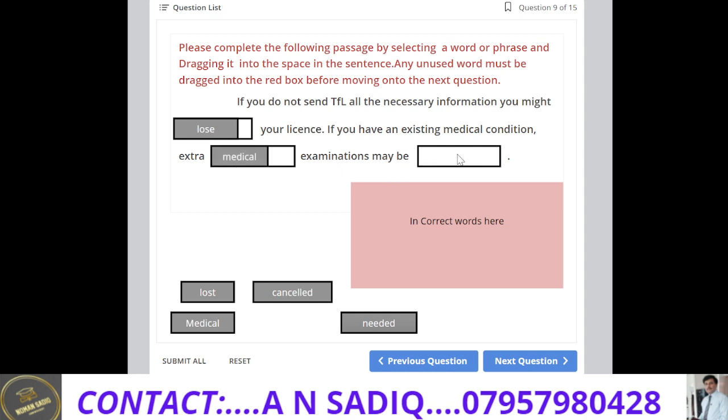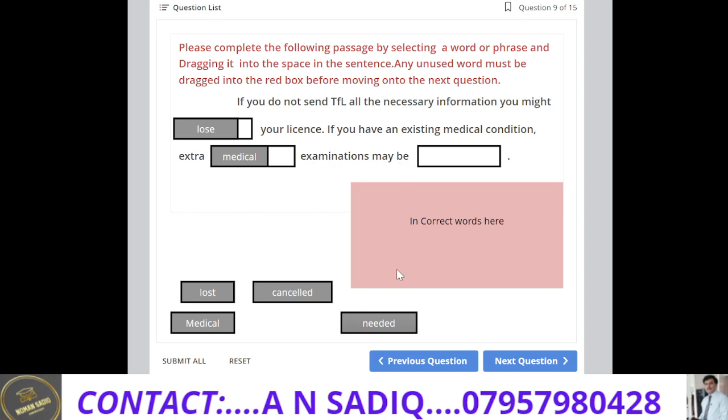Examinations may be... Now here there should be the third form, because if there is "may be", after that there should be the third form. So "may be cancelled" — it should not be cancelled, because he's not talking about cancellation. So it's not about the loss, it's not about the medical. We have already ruled this out.